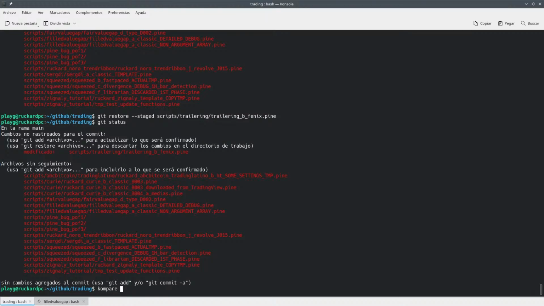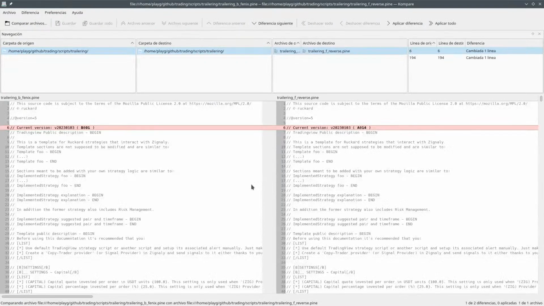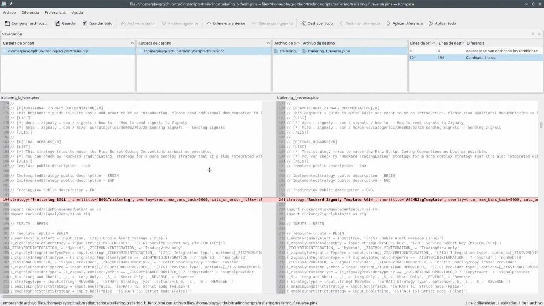And now I should be able to compare letter B. Okay, so letter B is this one here. Okay, and this one here.